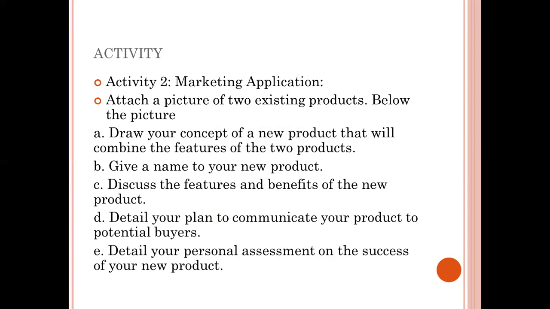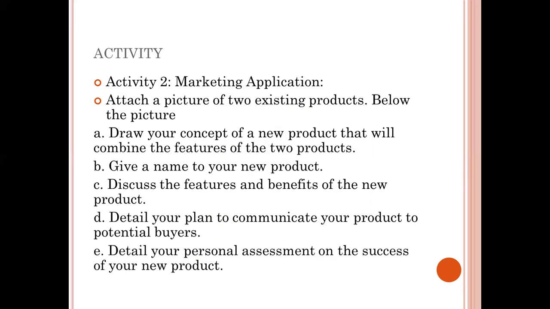In your handouts or in your PDF, we have two activities, activity 1 and activity 2. I will not require you to answer activity 1, and I will only require you to answer activity 2. For activity 2, we have marketing application.